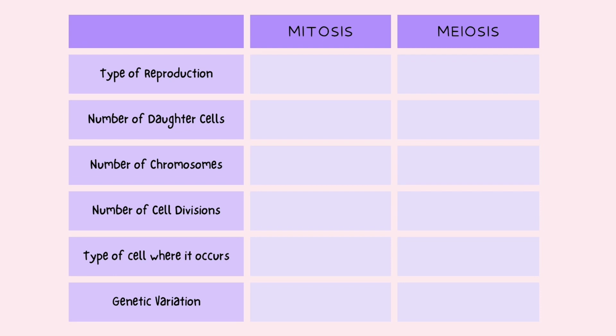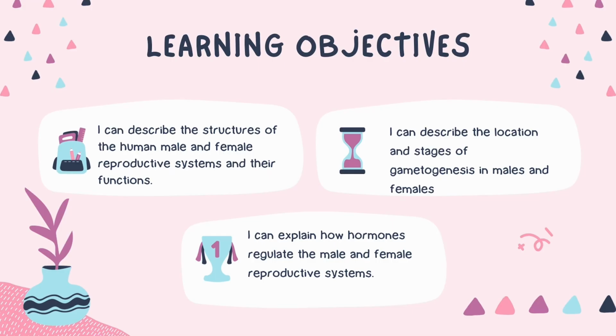Mitosis produces two identical daughter cells, while meiosis generates four genetically unique cells with half the number of chromosomes, leading to increased genetic variation through processes like crossing over and independent assortment.